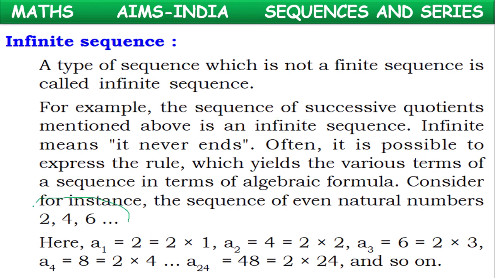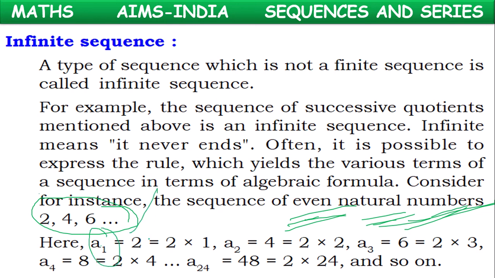Suppose you take this sequence 2, 4, 6. It is a sequence of even natural numbers where A1, the first element, is 2, which can be written as 2 into 1. A2, the second element, which is 4, can be written as 2 into 2. A3, the third element, can be written as 2 into 3. As it is the third element, we multiply 3 with 2.